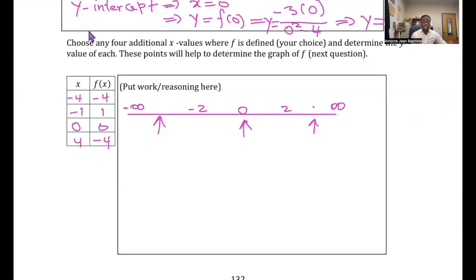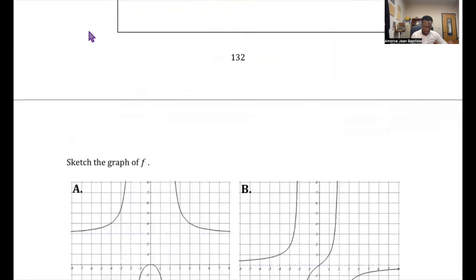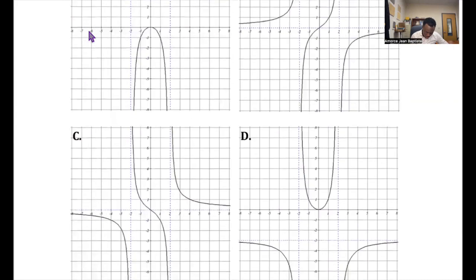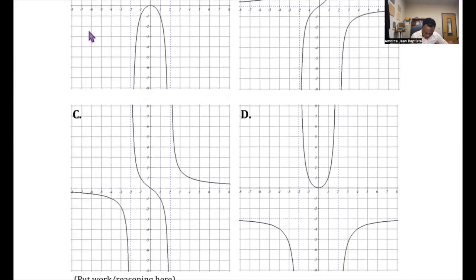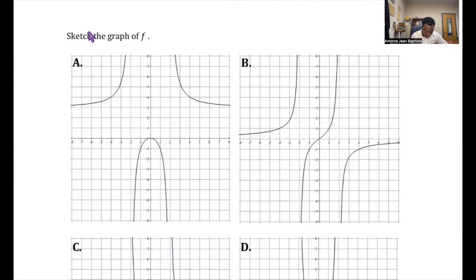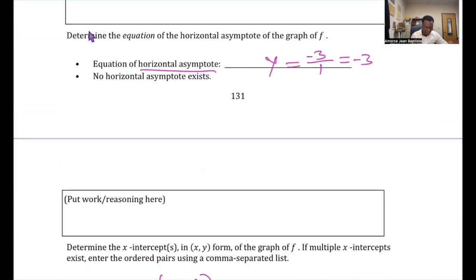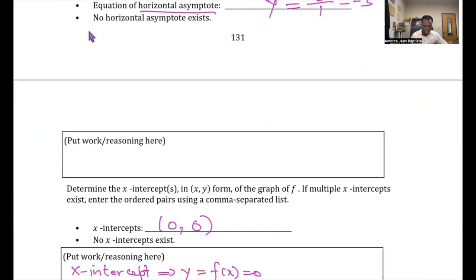First, to get the graph, I'm going to try to identify the asymptotes. The vertical asymptotes are negative 2 and positive 2. They can help me. But now let me look for the horizontal asymptote. The horizontal asymptote is negative 3.